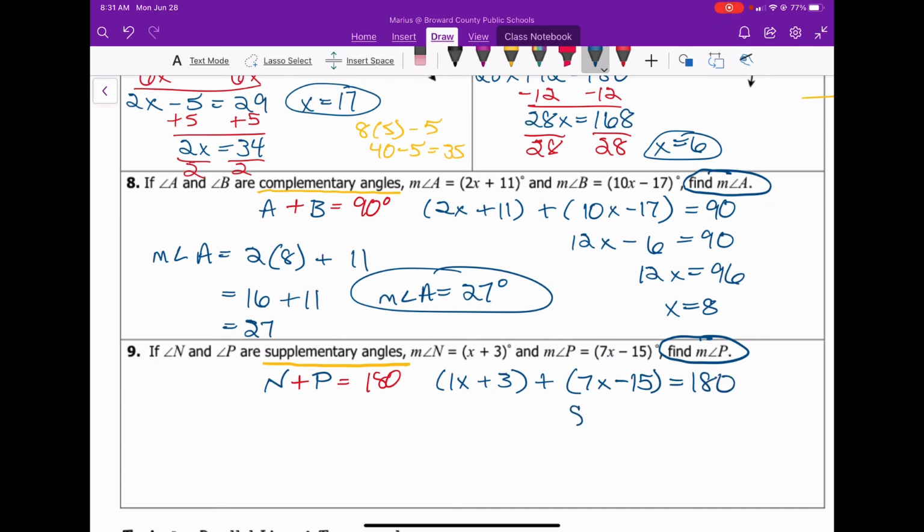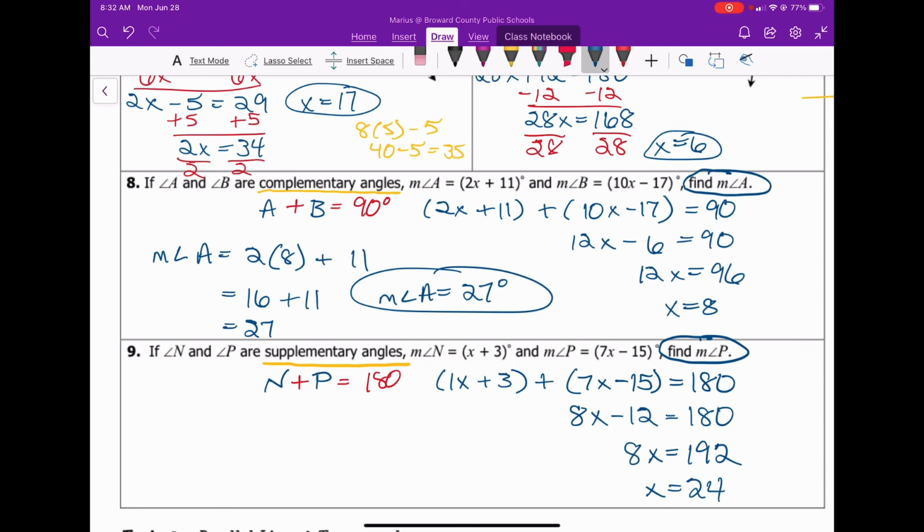And then we combine our like terms. That's going to give us 8x minus 12 equals 180. Then we're going to add 12 to both sides. That's going to give us 8x equals 192. And then when we divide both sides by 8, that's going to give us 24. Okay?